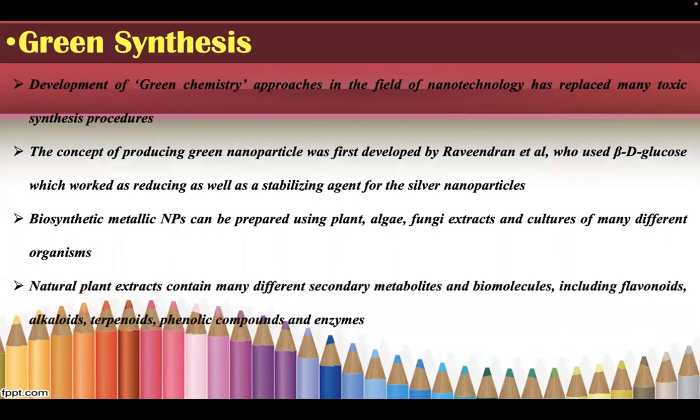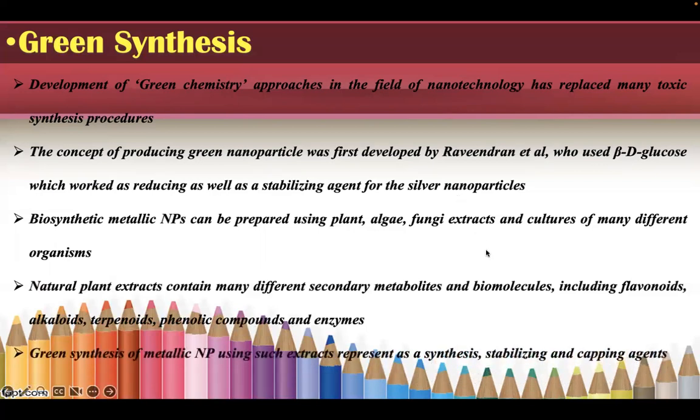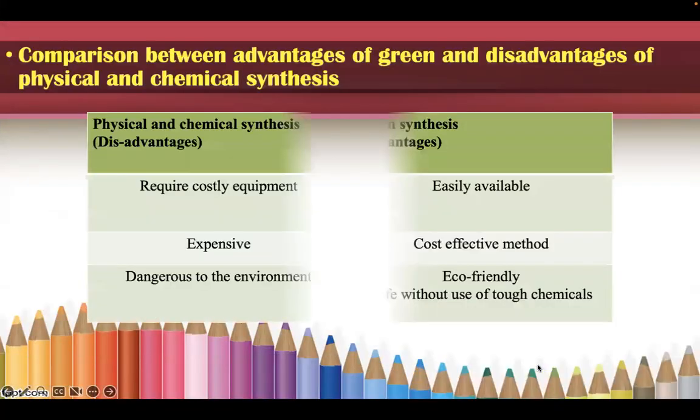So biosynthetic metallic nanoparticles can be prepared using plants, algae, fungi, so different extracts of natural products. In this case, it has the secondary metabolites of different organisms. It usually includes flavonoids, alkaloids, terpenoids, phenolics, enzymes. And green synthesis of metallic nanoparticles uses extracts as synthesizing, stabilizing and capping agents.